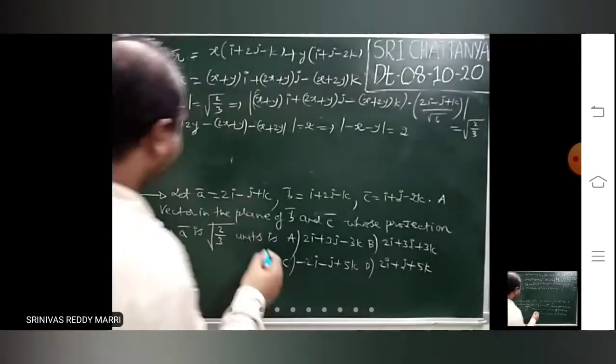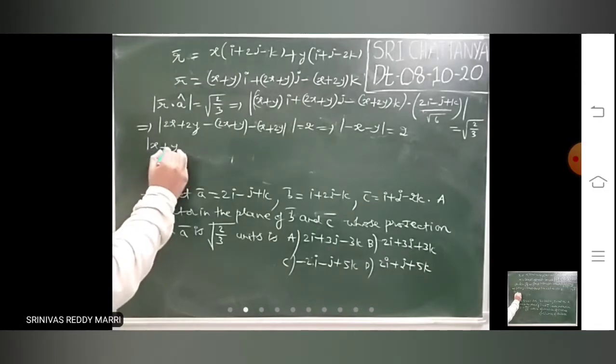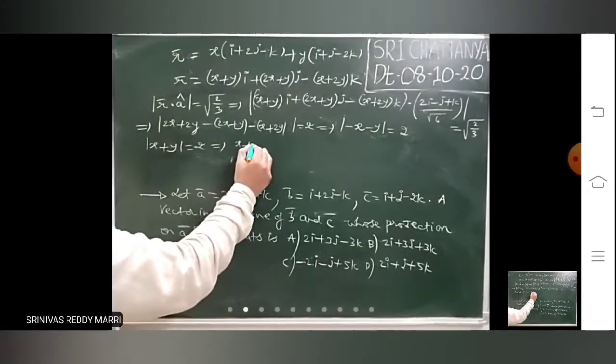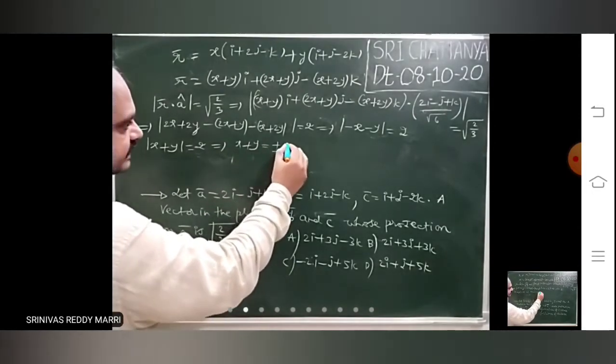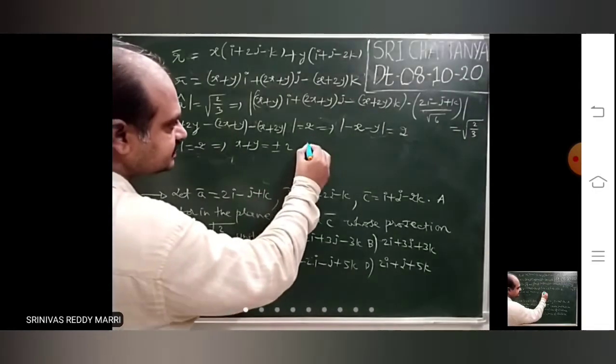Take the modulus, minus common, that implies x plus y equal to plus or minus 2.